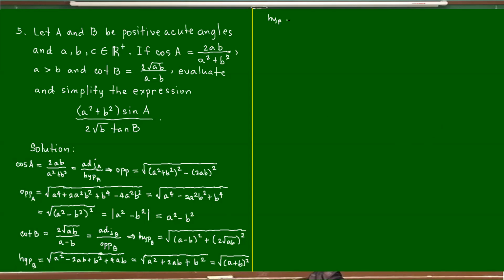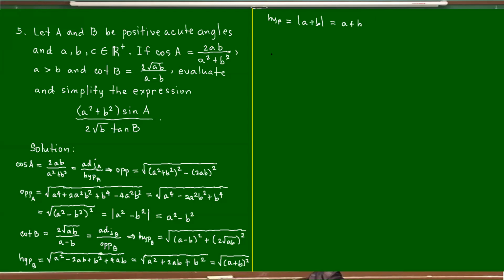That is equal to the absolute value of A plus B. But A and B are both positive, so it is guaranteed that it will never be negative. So the absolute value is A plus B. Okay? The reason is that our A and B are positive.